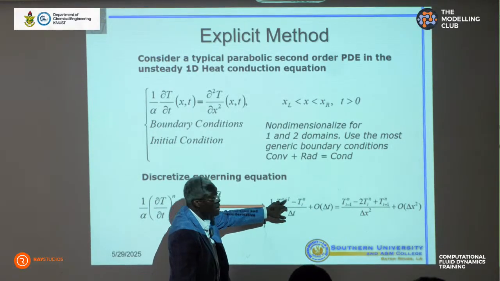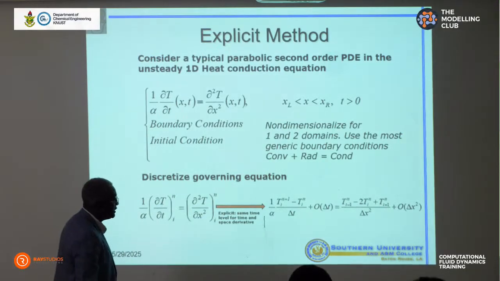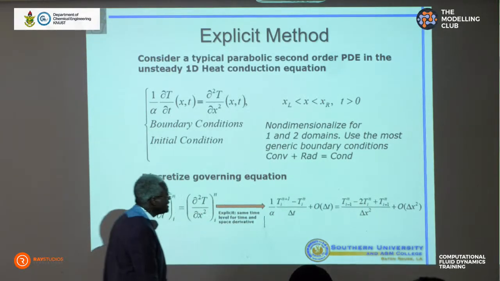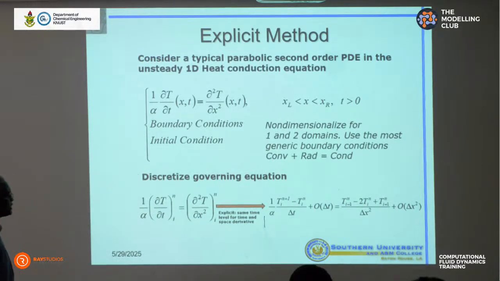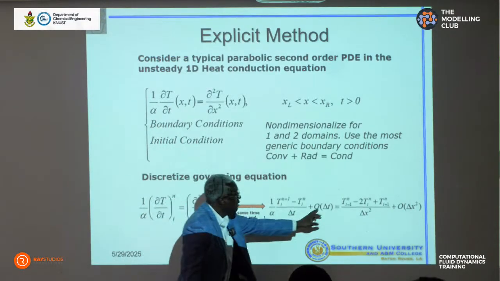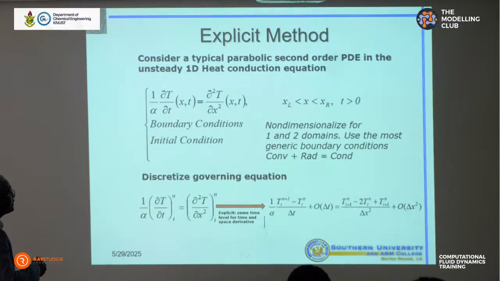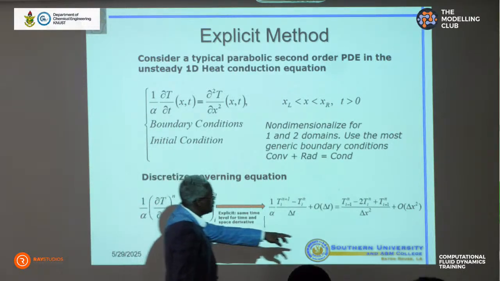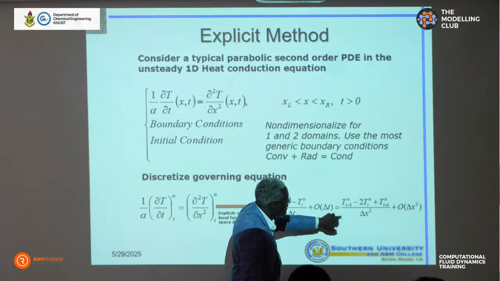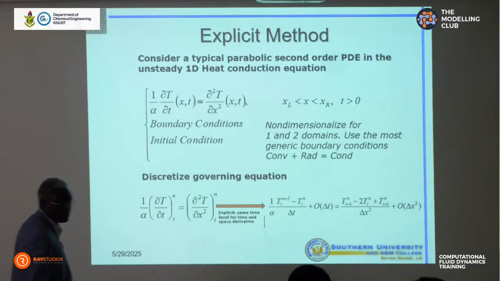So n plus 1 is the new time step, and n is the old time step, divided by delta t, that is your time difference, plus higher order terms. And for the second spatial derivative, we replace it with the following central difference.